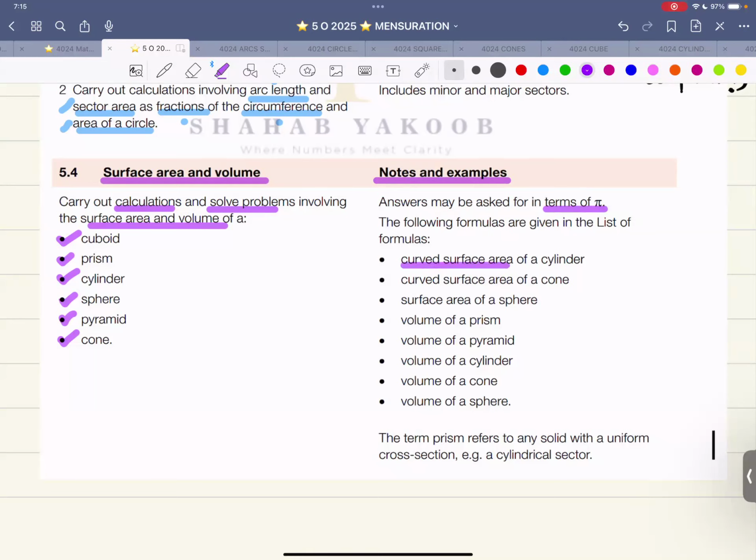Curved surface area of a cylinder, and curved surface area of a cone. Surface area of a sphere, because the whole sphere is a curve, so that's why they do not write it as curved. Volume of a prism, volume of a pyramid, volume of a cylinder, volume of a cone, volume of a sphere. We will go through every single formula that we will use.